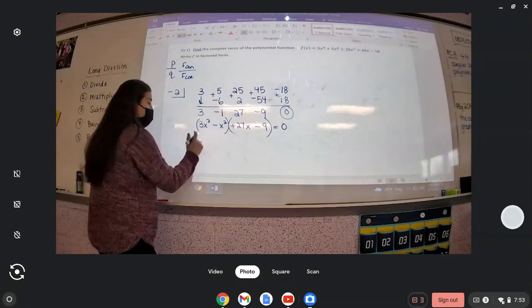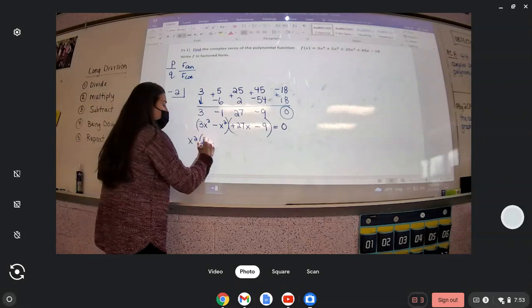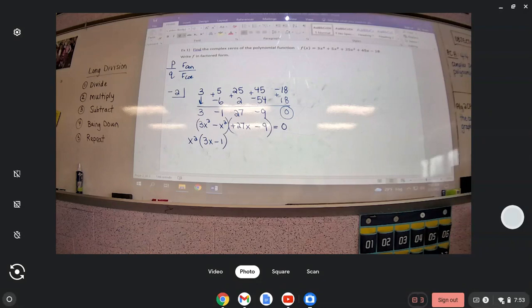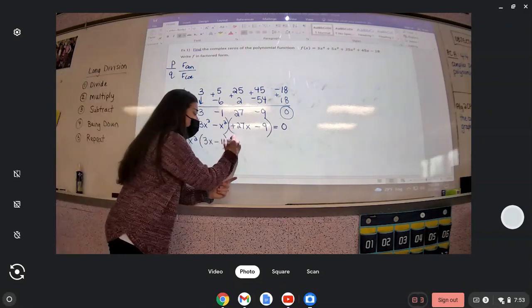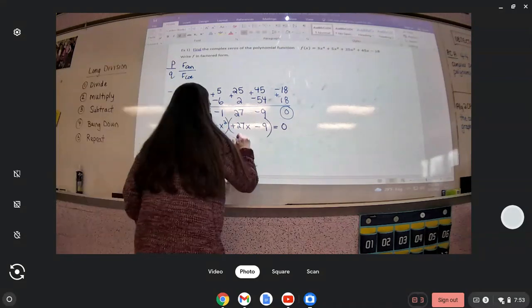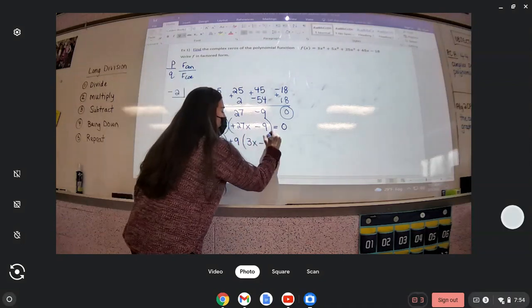They have an x squared in common, and then that would leave them with a 3x minus 1. You go to your second group, you have to pull out the leading sign, and then what does a 27x and a 9 have in common? A 9. And then that's going to leave you with a 3x minus 1.